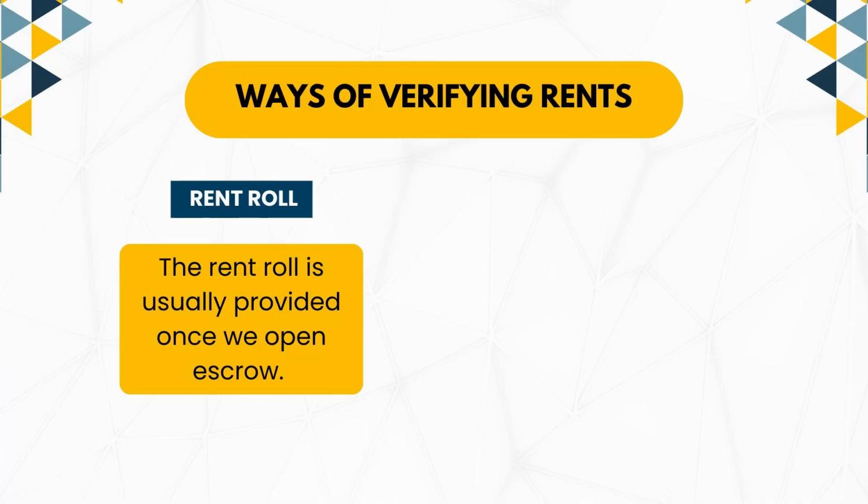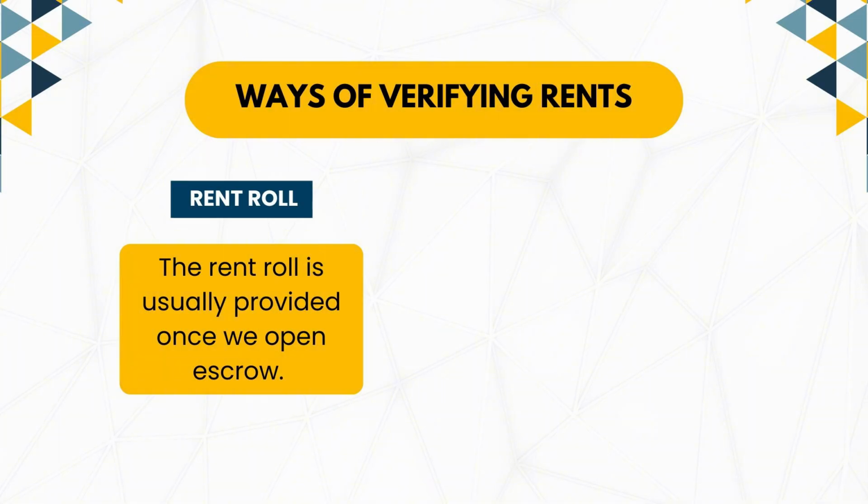And wherever that information is being provided, there are other ways we verify that, and that would be through the rent roll. You need to make sure that you see the rent roll. Now, if you have experience in doing this, you understand what I'm saying. If you don't and you're a starting investor, the rent roll is usually provided once we open escrow.